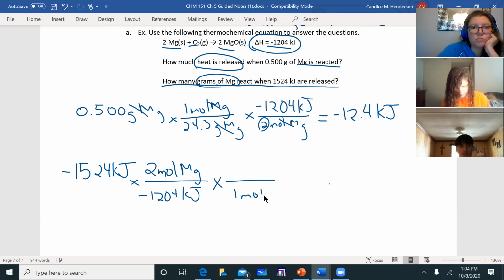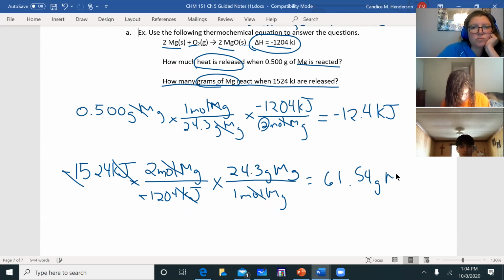Every 1 mole of magnesium weighs 24.3 grams of magnesium. This is literally just the flip-flop of this setup. Those cancel, and also the negatives will cancel. And we should get 61.54 grams of magnesium are produced with that much energy.